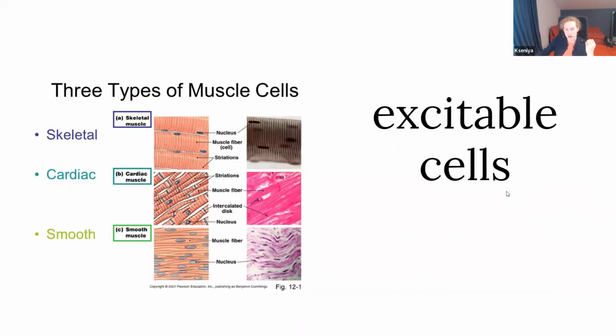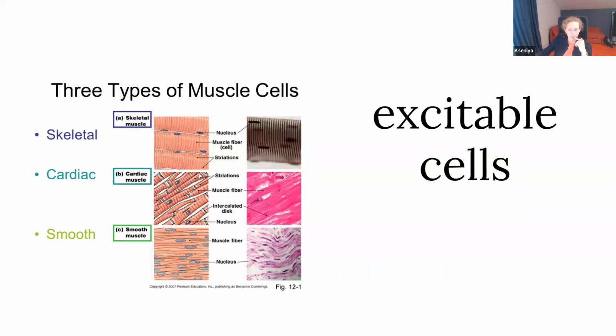Okay, so there are some other differences. Neurons are excitable cells. By the way, there are some other excitable cells in the body. These are muscle cells, so muscle cells are also excitable.